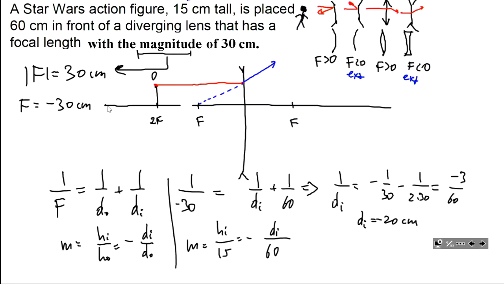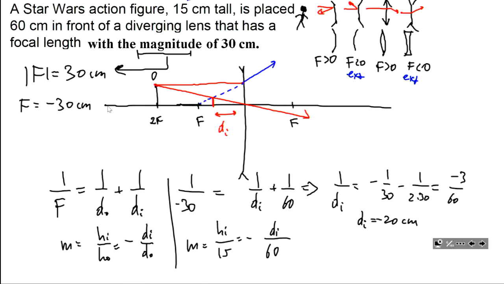What does a ruler do? Rulers rule. They rule the light rays. So this is 20 centimeters, as it has been found, less than 30, less than 60.